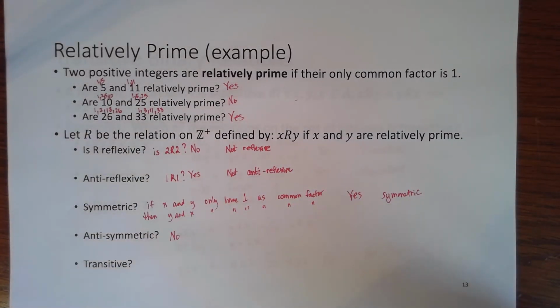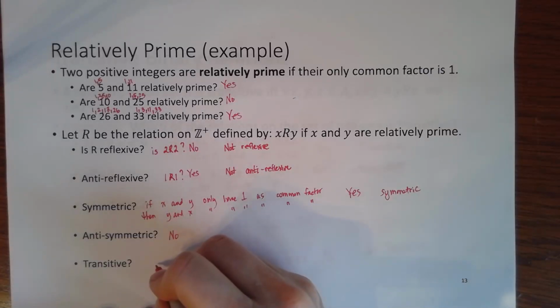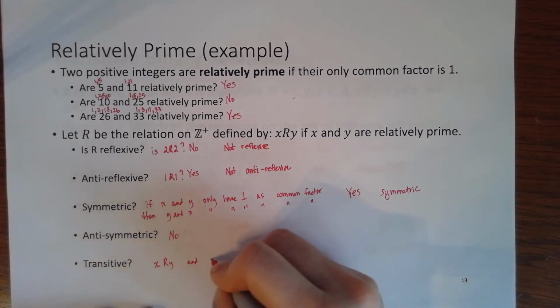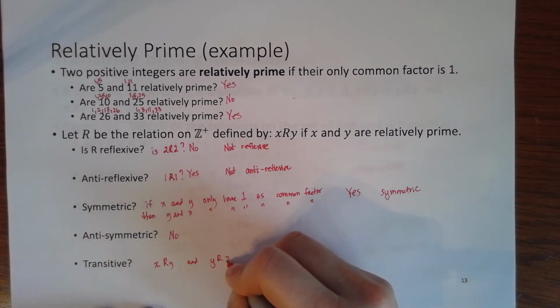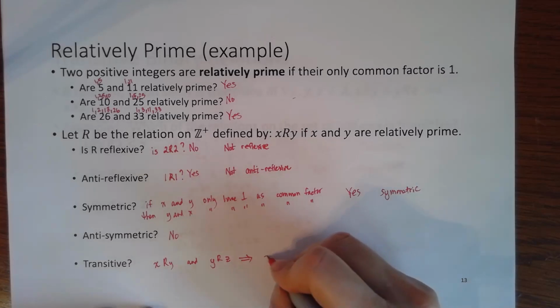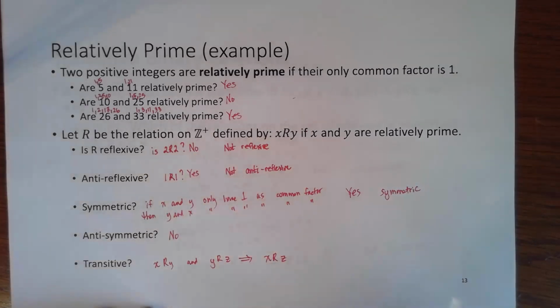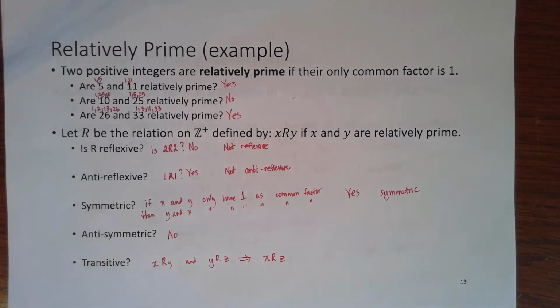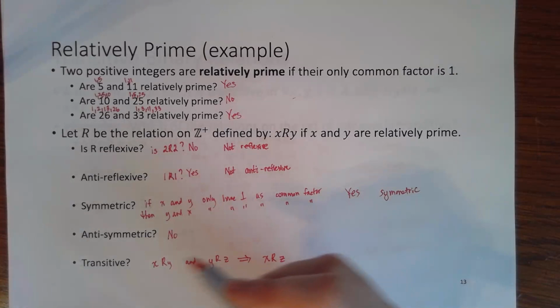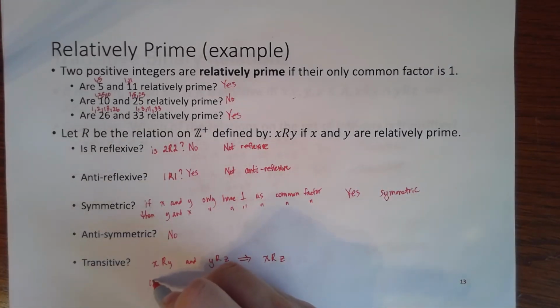And then is it transitive? If x is related to y and y is related to z, is that going to give us that x is related to z? Let's say 10 is relatively prime to 21.